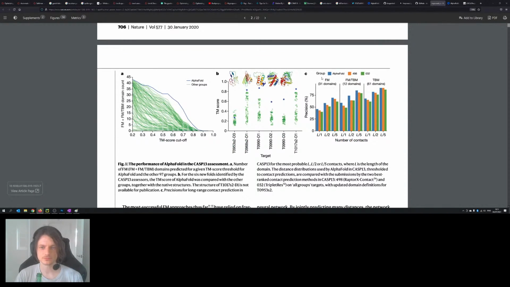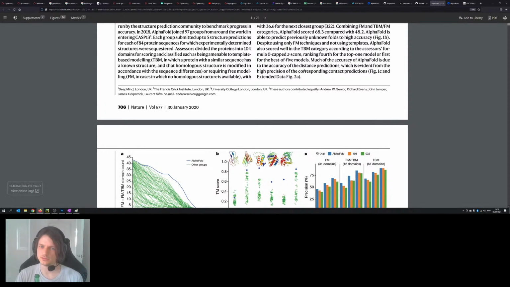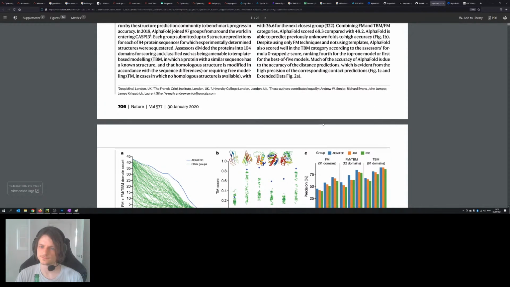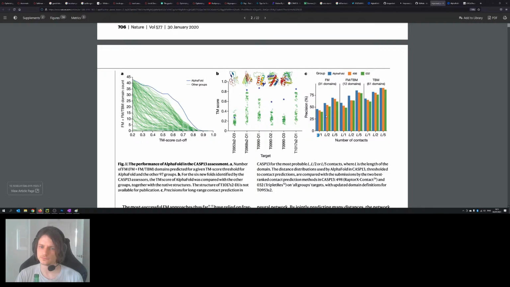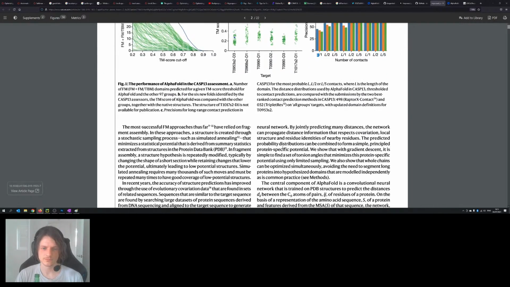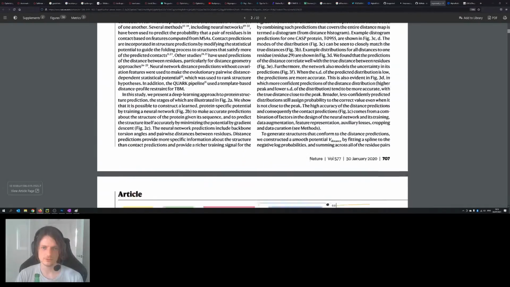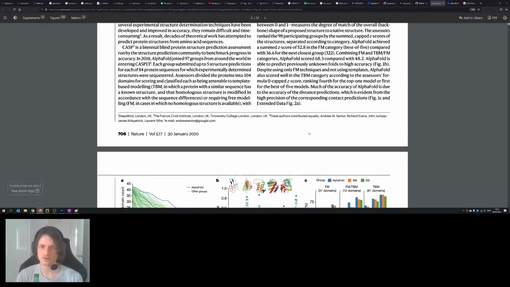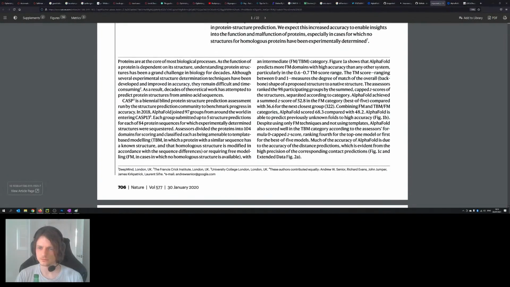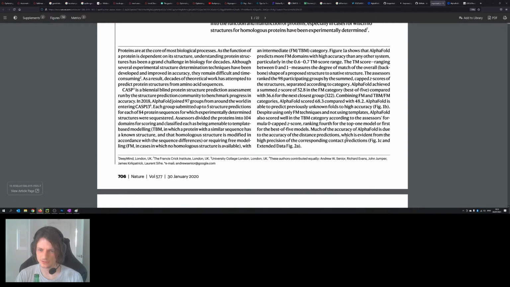1C. So the precision of the, what's L? Can I have more information, please? Where does it say it?